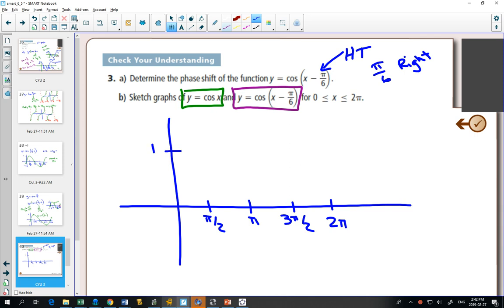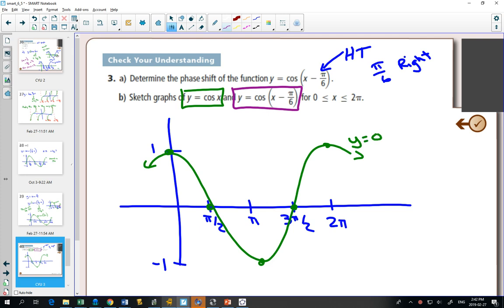An amplitude of 1, so it goes up to 1 and down to minus 1. And a cos graph starts at a maximum, then center line, then minimum, then center line, then maximum. This is the graph of cos of x.